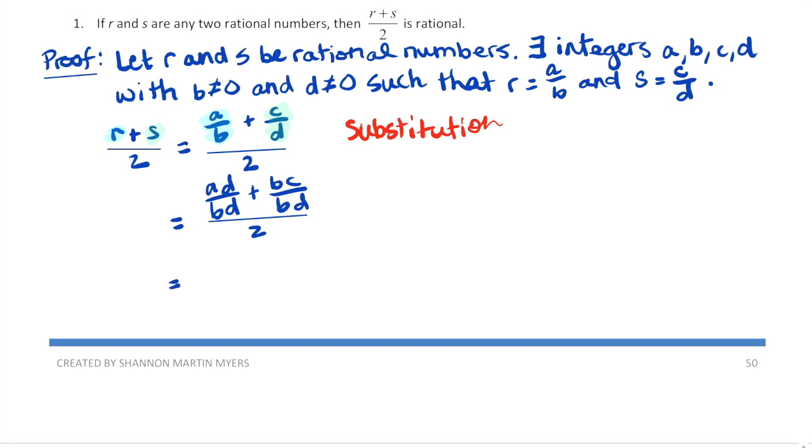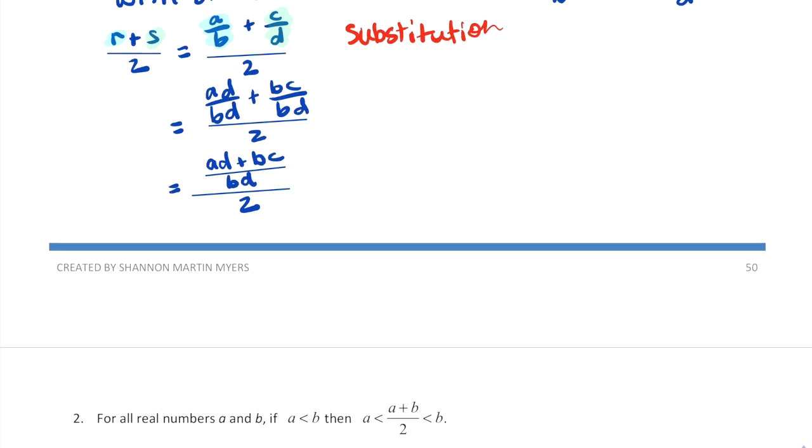And then this is just going to be AD plus BC over BD all over 2. But what is that? That's going to be AD plus BC all over 2 times B times D. All right, well, what do you think?